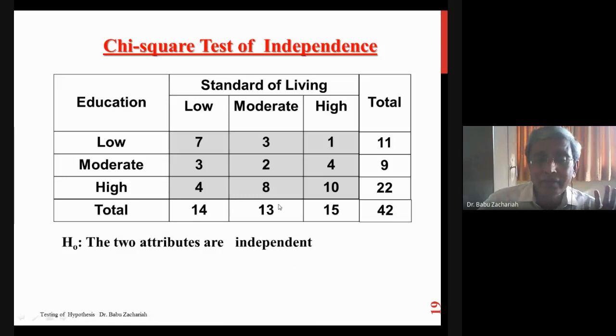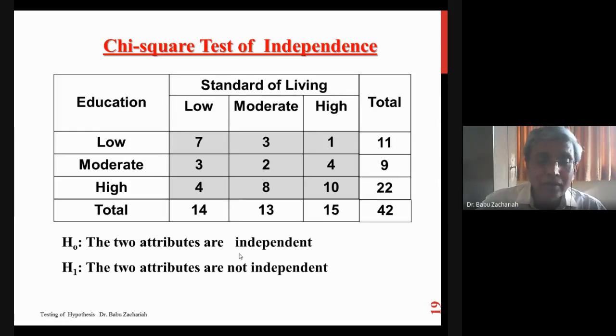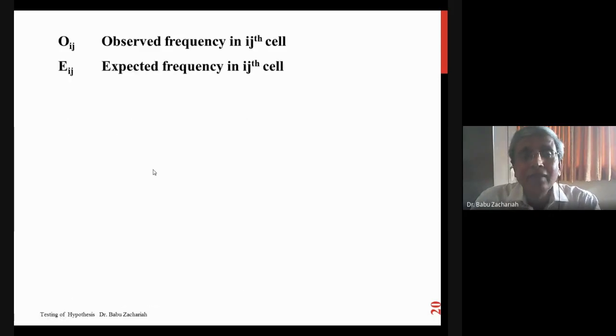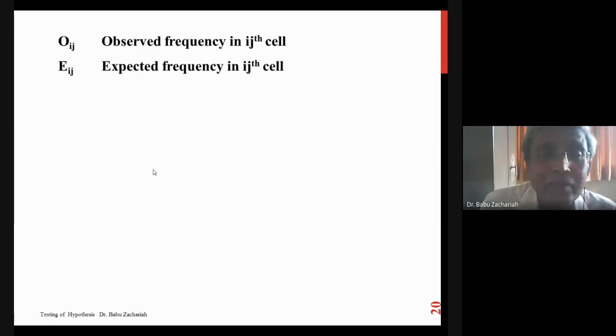After that, the null hypothesis is that the two attributes are independent. Always in the chi-square test of independence, this is the thing. The alternative will be that they are not independent. Oij is the observed frequency in the ijth cell. Now we have to calculate something called the expected frequency.